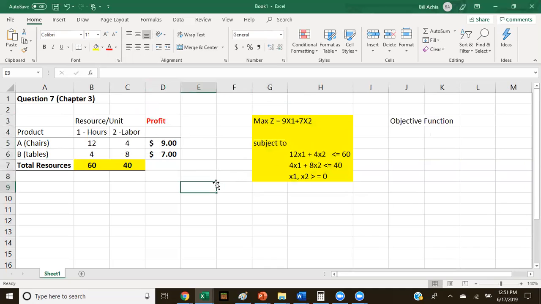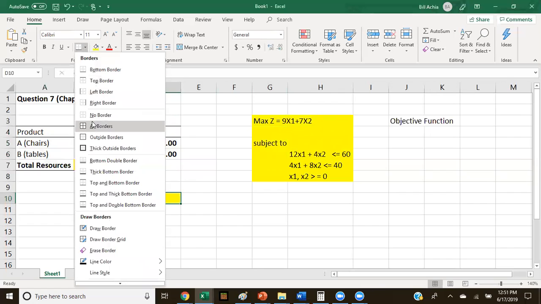Next, we want to solve this in a manner that enables us to calculate what's the maximum profit going to be. So I'm going to take what I have here in my model and the information I have here and turn this into an Excel-based linear programming problem. To do that, I don't have this on here, so I'm going to add a cell here where I'm going to calculate my maximized profits.